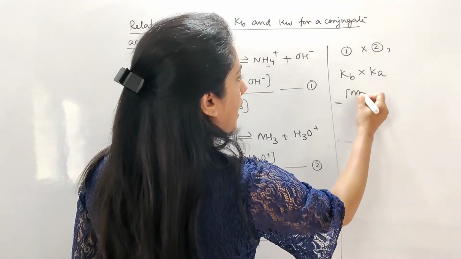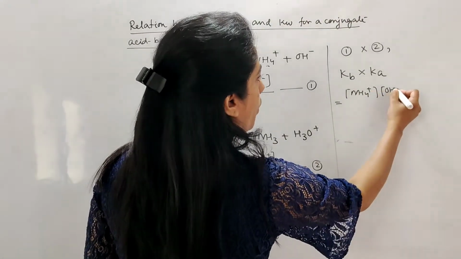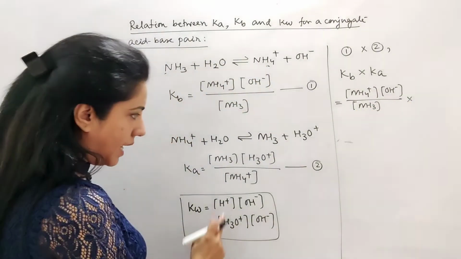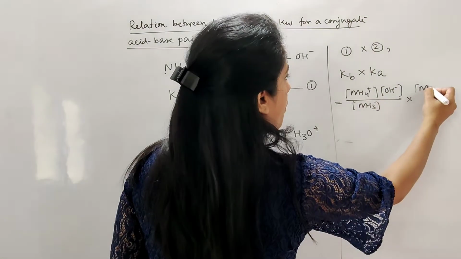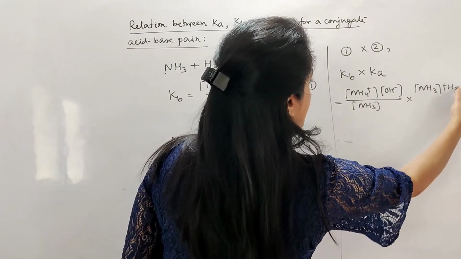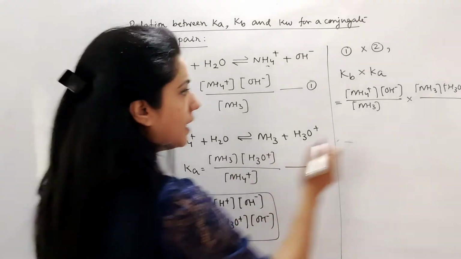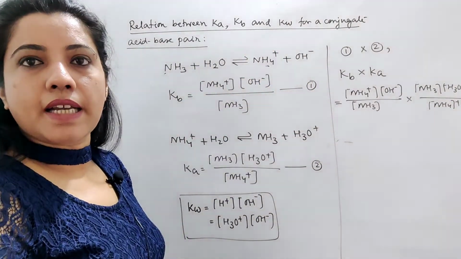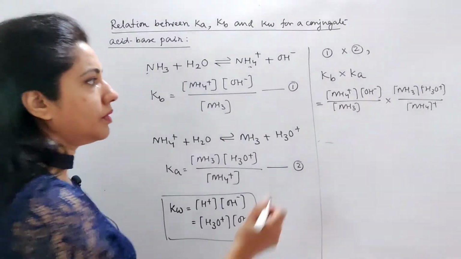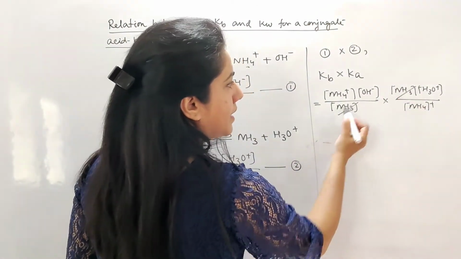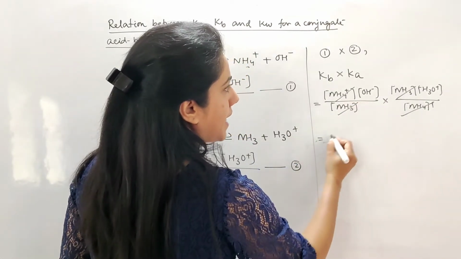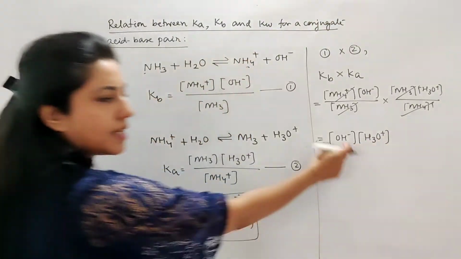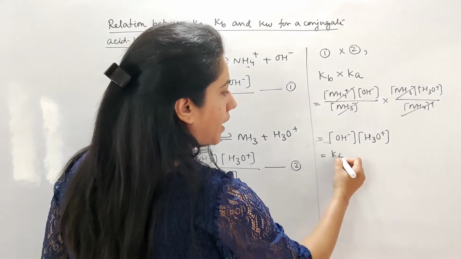Kb is NH4 plus into OH minus divided by NH3. Now write down Ka. Ka is concentration of NH3 into concentration of H3O plus divided by concentration of NH4 plus. Now see what all things are getting cancelled. NH3 and NH3 get cancelled. NH4 plus and NH4 plus get cancelled. So we get only OH minus into H3O plus. And what is this? This is the expression for Kw.